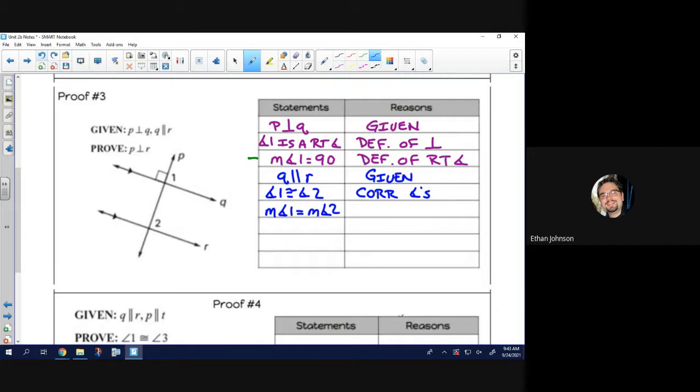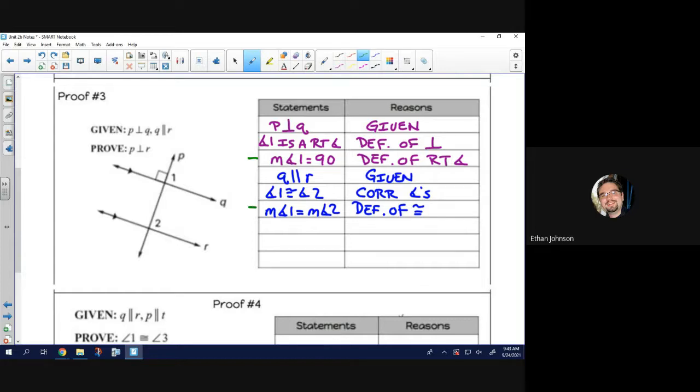Remember, that is our definition of congruence. Well, we have an equal, we have no more vocab, so I'm going to put a mark off to the side.